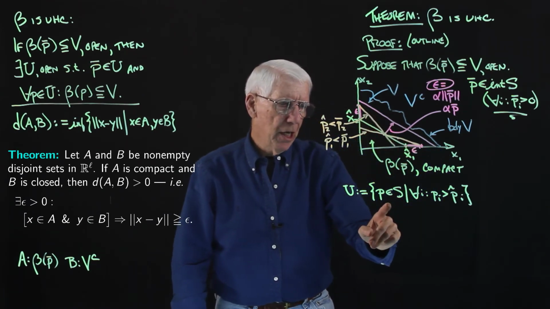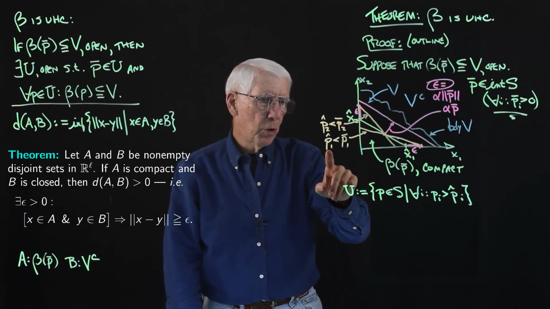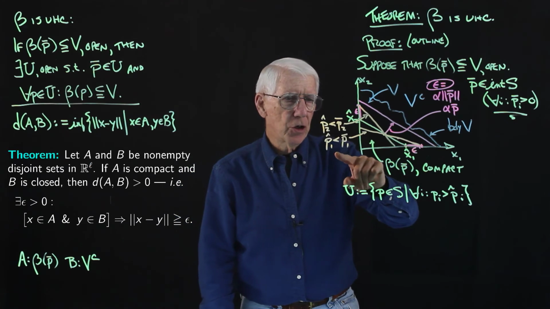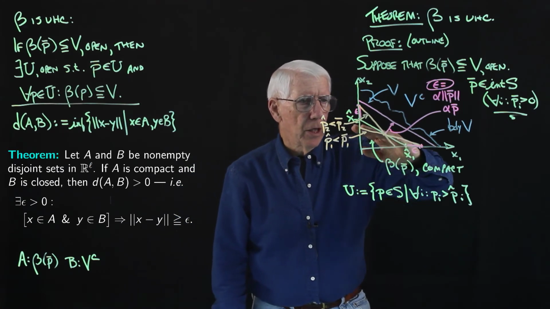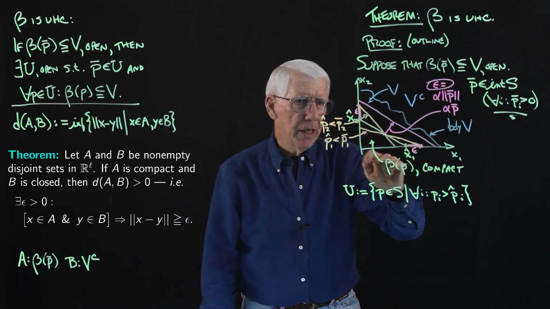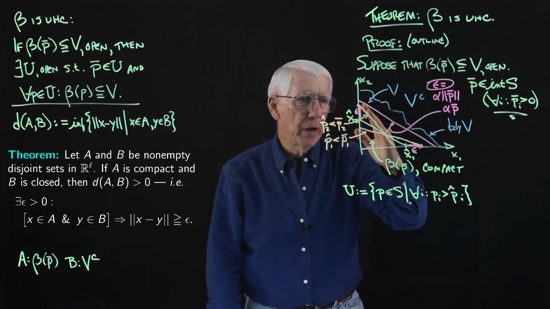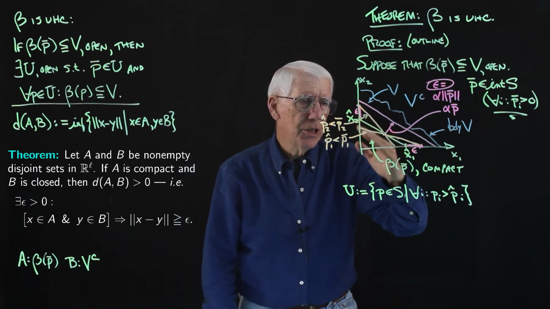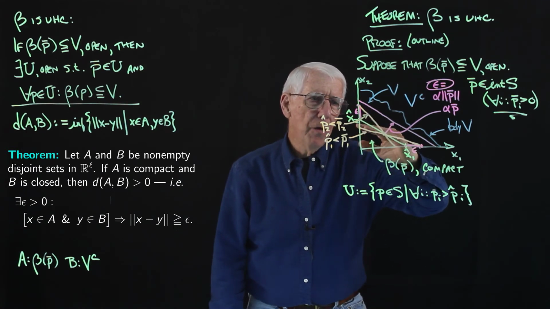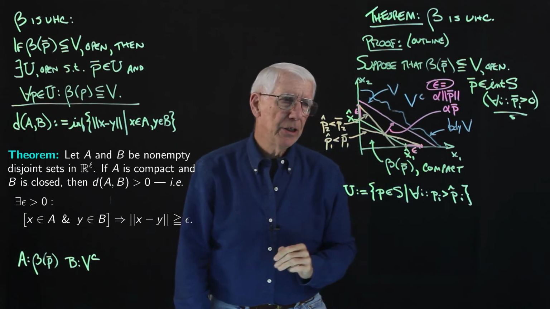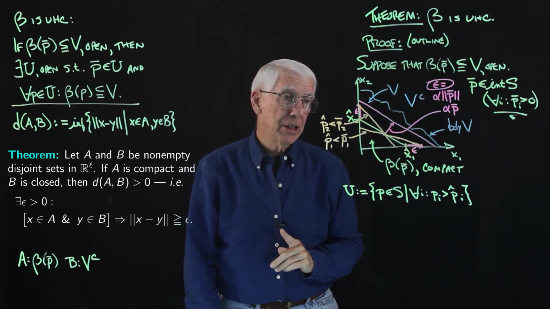If the first good's price is larger than P1 hat, then the budget constraint will be steeper than this, and if it's larger than P2 hat, the budget constraint is going to be flatter than this. So we're looking at all the budget constraints that lie in between these two orange budget constraints.